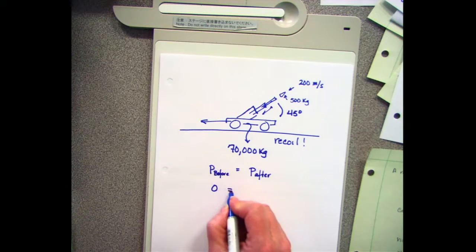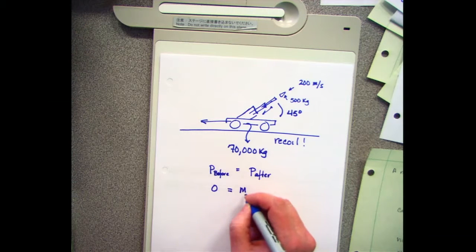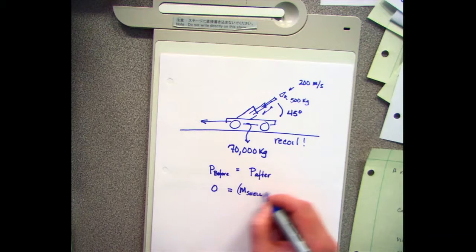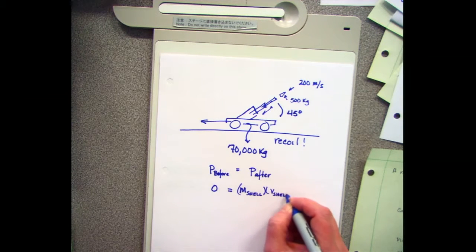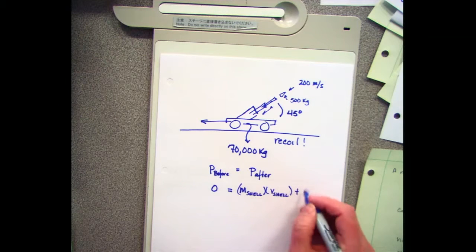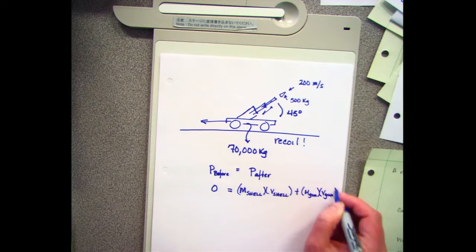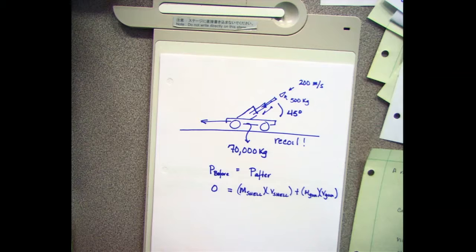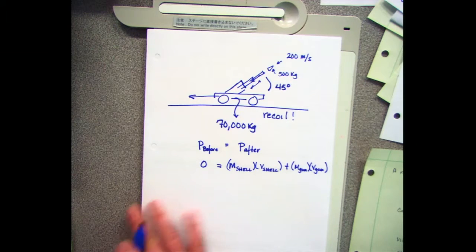Now my momentum after is going to be the mass of the shell times the velocity of the shell plus the mass of the gun, velocity of the gun. Well, I know the mass of the gun, I know the mass of the shell, I know the velocity of the shell, I don't know the velocity of the gun. That's what I'm trying to figure.